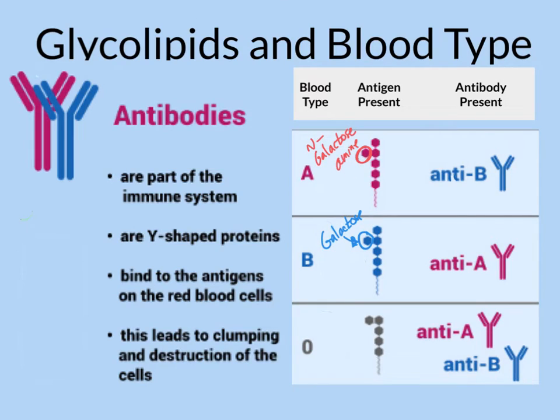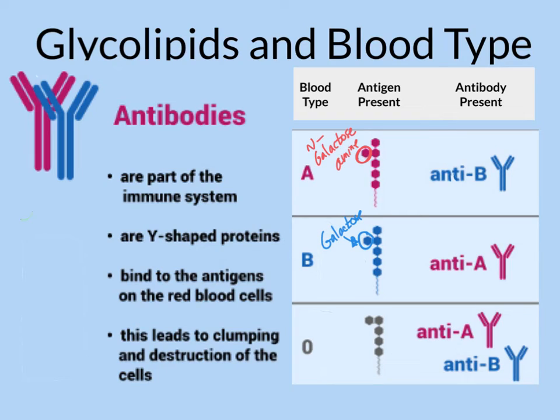Type O blood will attack anything with added A or B to it, so it can only accept type O. And finally, type AB will not attack anything because it's used to having both A and B present, so it is a universal acceptor. It can take A, it can take B, it can take O, and of course it can accept type AB. If type AB is the universal acceptor, it can take any type of blood.